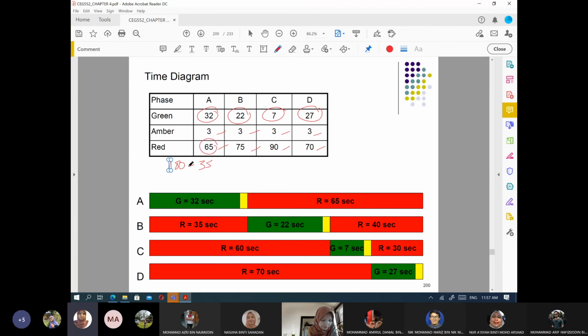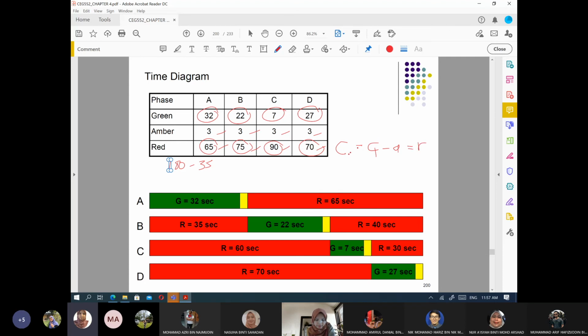Dapat value ni. 100 tolak 25 dapat ni. 100 tolak 10 dapat red. 100 tolak 30 dapat red yang ni. So semua ni adalah daripada C0. C0 tolak dengan green, tolak dengan amber, so you akan dapat lampu merah.